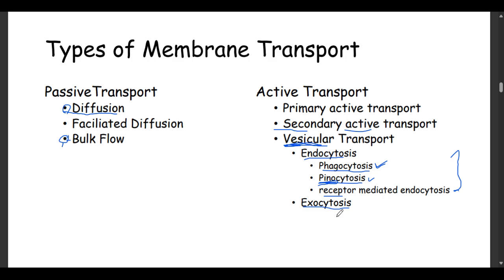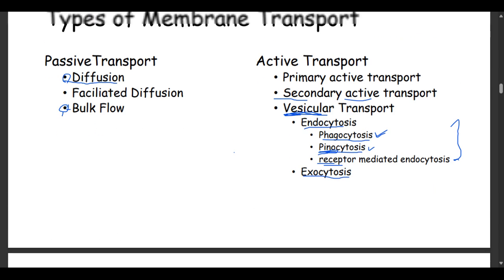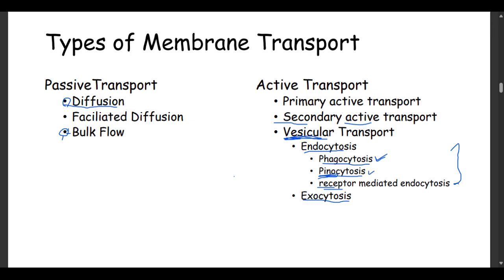A hormone is one of those ligands that might bind to a certain receptor on the cell membrane, and then when it binds to that receptor, it's going to cause the process of endocytosis to be started for that particular segment of the cell membrane. All right, so that is that on membrane transport.